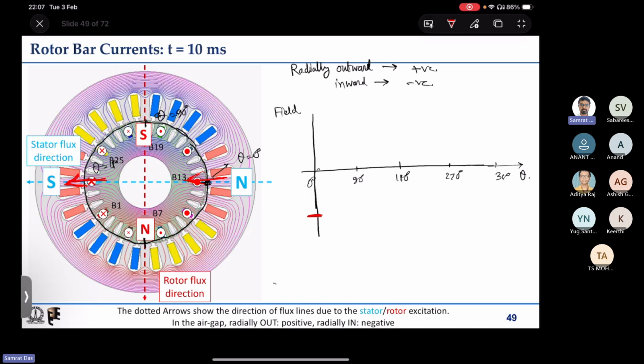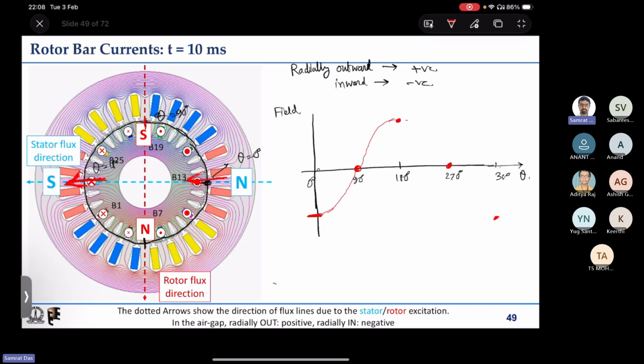At 90 degree it is 0, right? At 180 degree it is radially outward, so you have to assign a positive maximum sign towards it. At 270 degree similarly it is 0, and 360 degree again it is negative maximum. So it is a sinusoid like this.